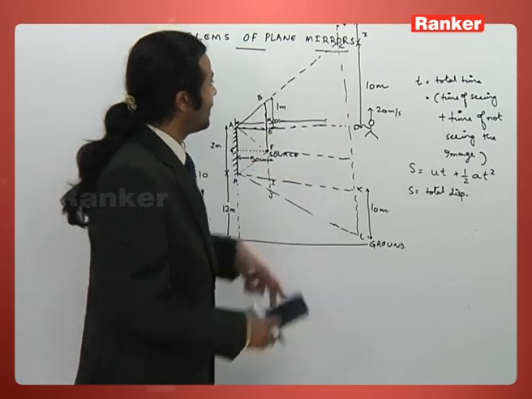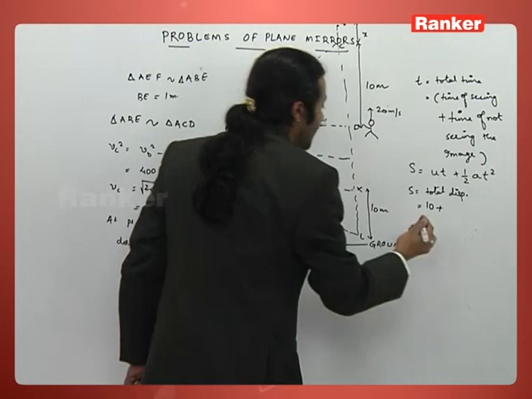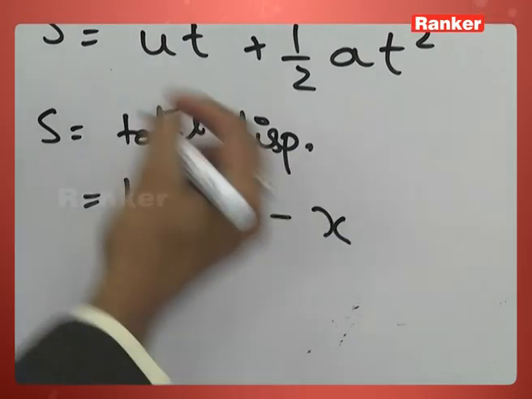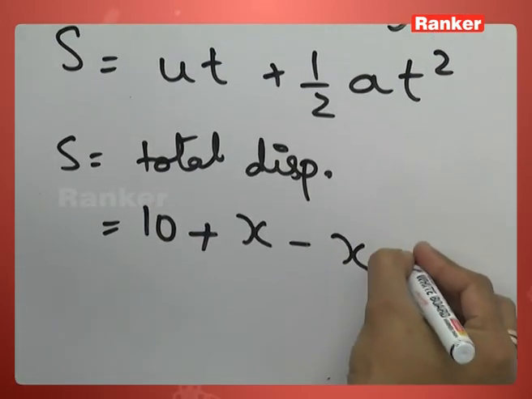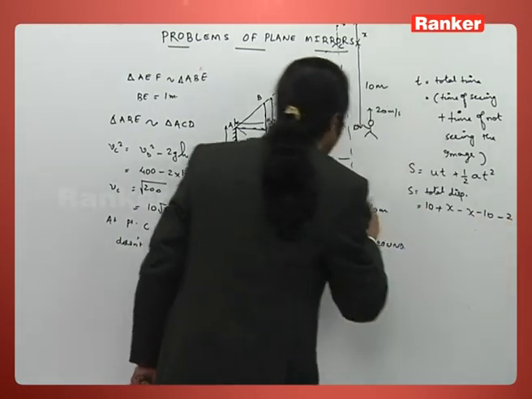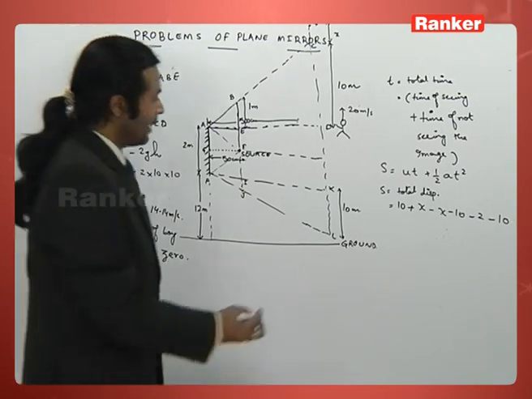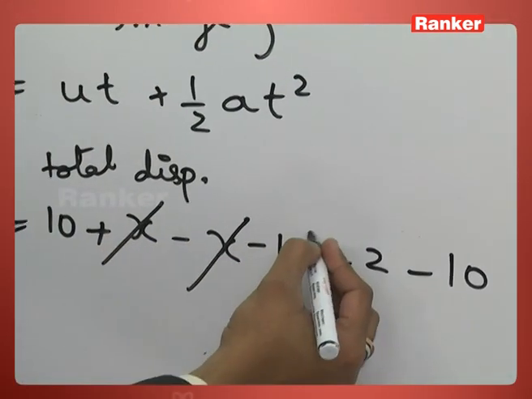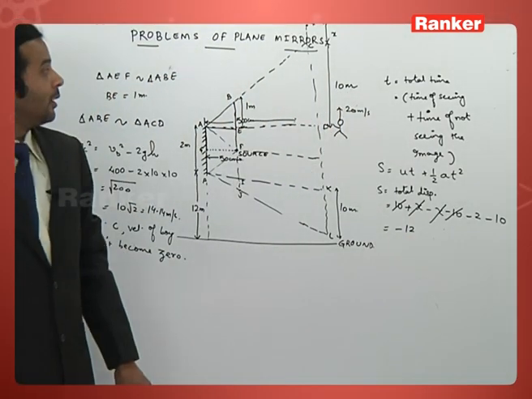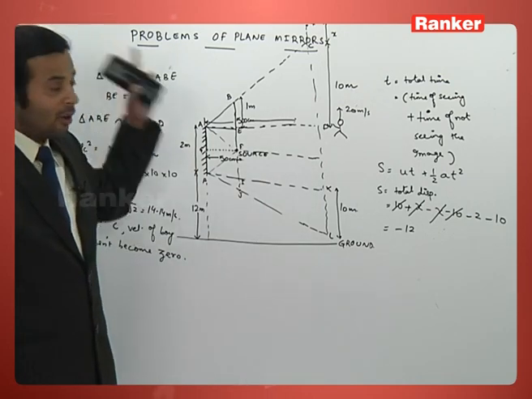So this distance is 10, so I write 10 plus x, he is coming down again x, minus x, he is again coming 10, minus 10, this distance will be 2 meter, minus 2, again this distance is 10 meter, minus 10. If you calculate this, x and x cancel out, 10 and 10 cancel out, so the total displacement becomes minus 12.